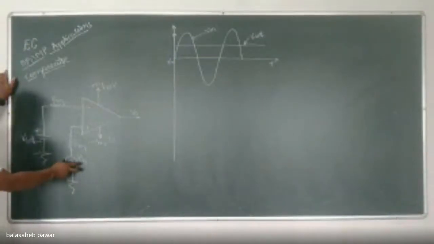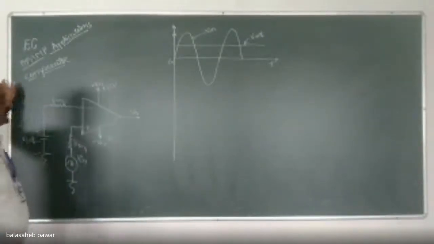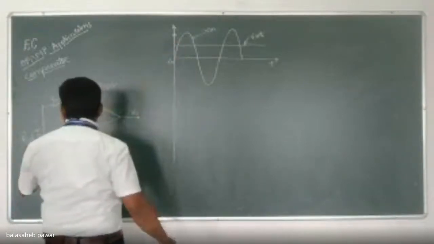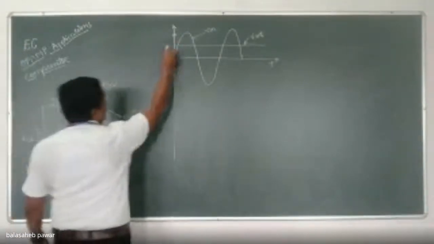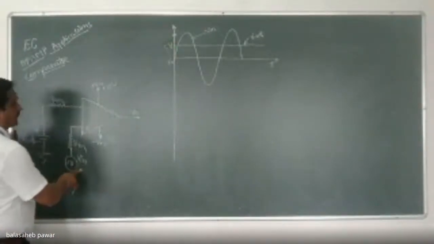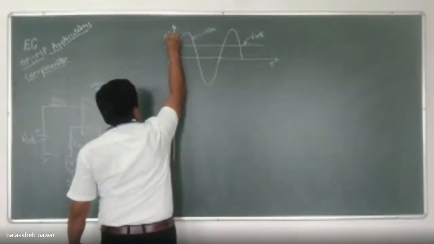V in is at 0 level, while reference voltage is at its constant level. Suppose the reference voltage I use is 5 volt, and this input signal has its peak as 10 volts.